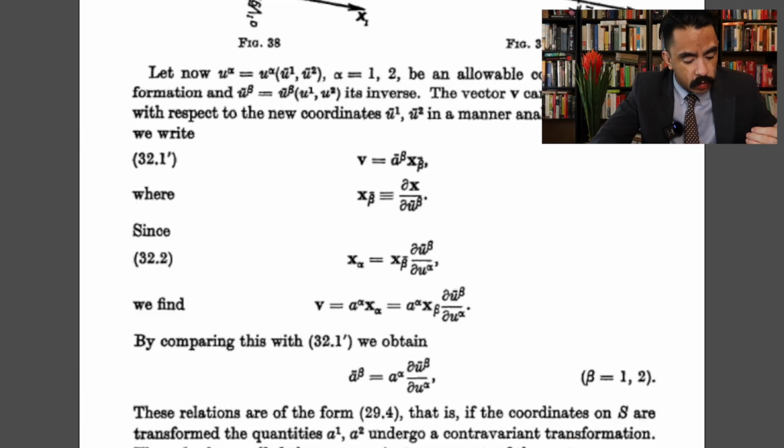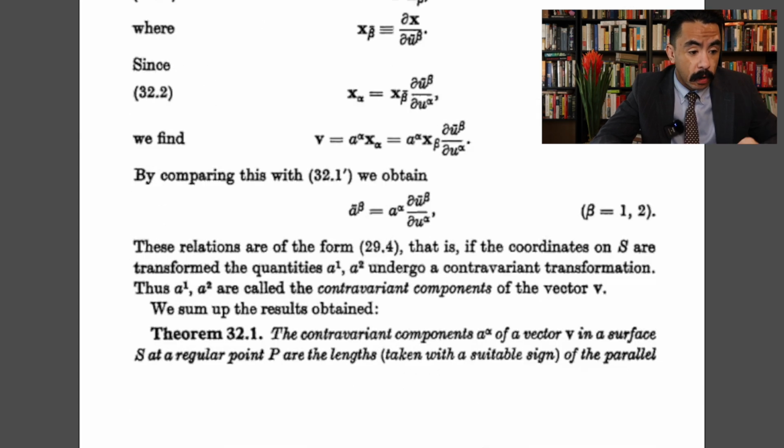And comparing this with that earlier relation, vector v equals a superscript alpha times vector x sub alpha, but with a bar and beta bar, we obtain that a bar superscript beta is equal to a superscript alpha times partial u bar beta partial u alpha, where beta can be 1 or 2.